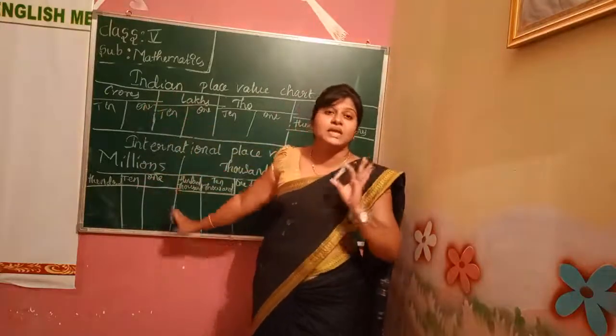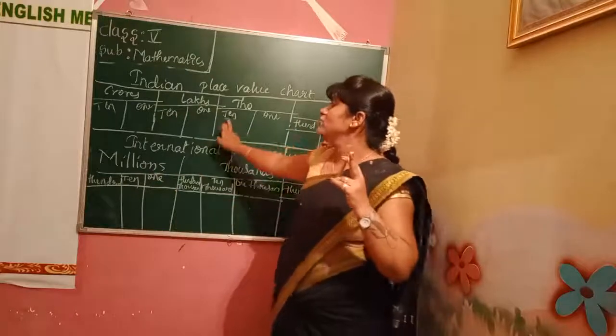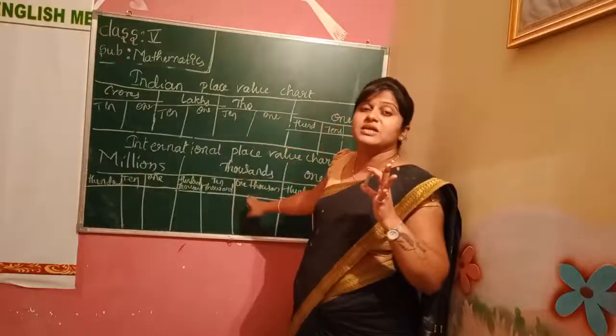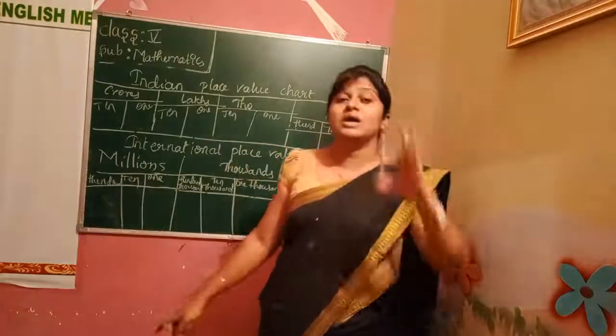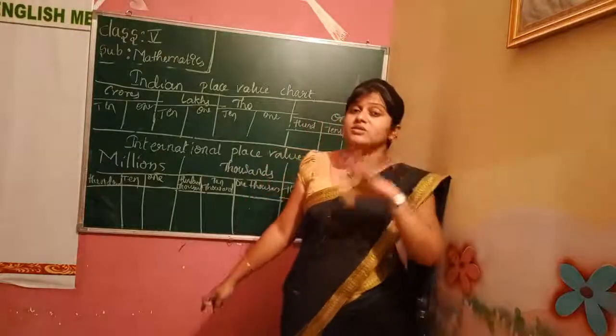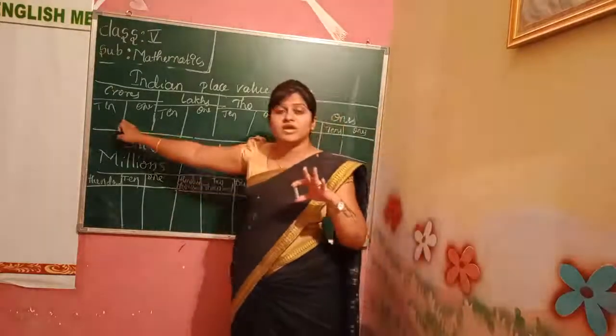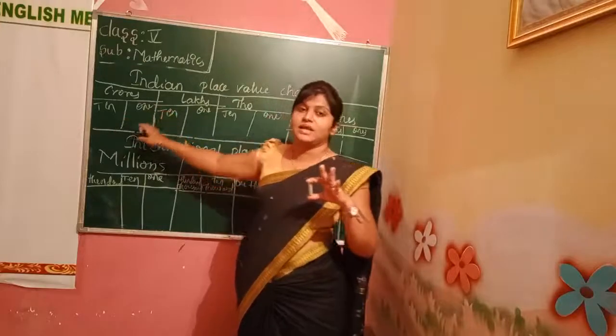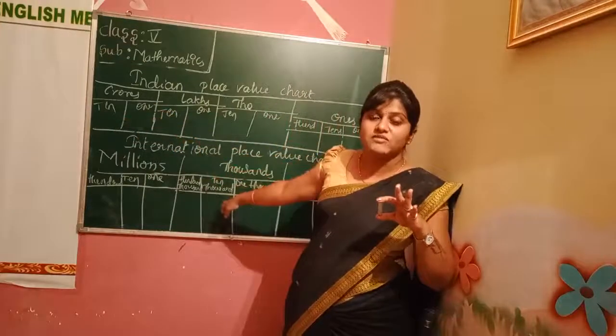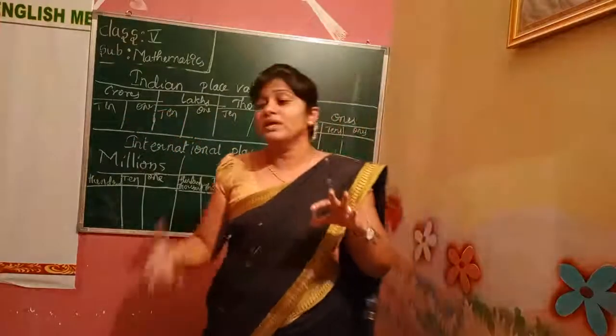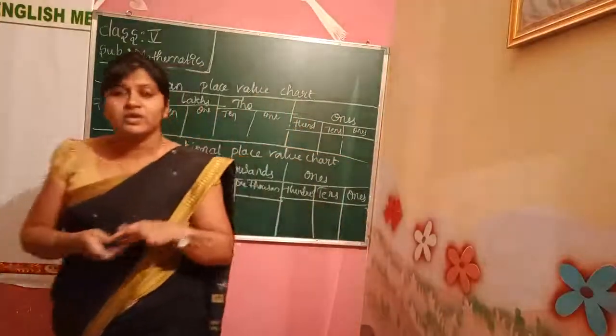Here we use million. And one more thing, here we use only 10 and 1. But here we use 100,000 and 100 million. But here we are using only 10, 1. Simple words. But here we are using millions: 1 million, 10 million. Okay? Understood?